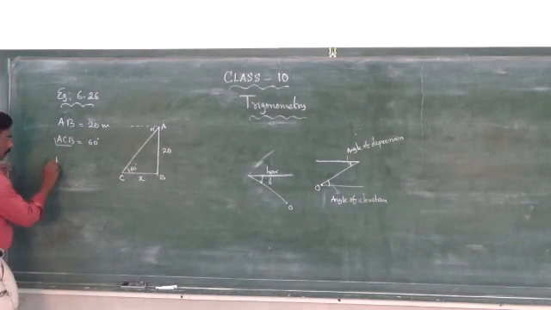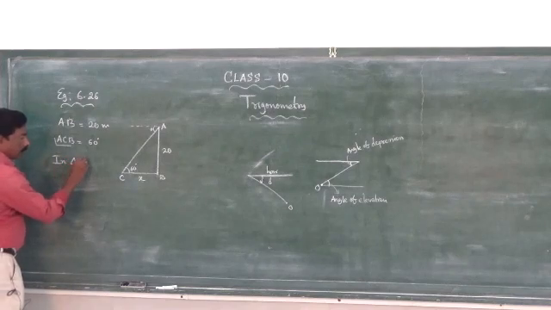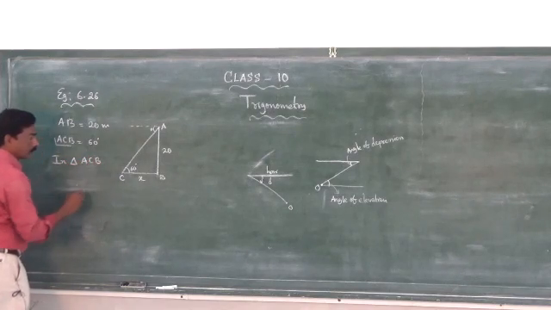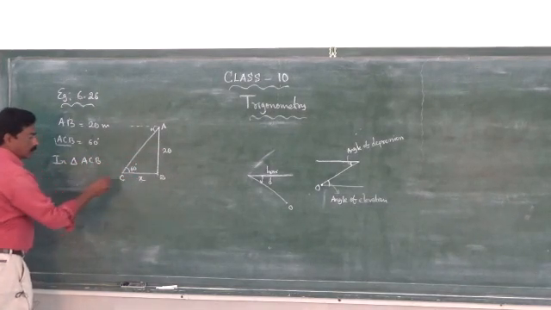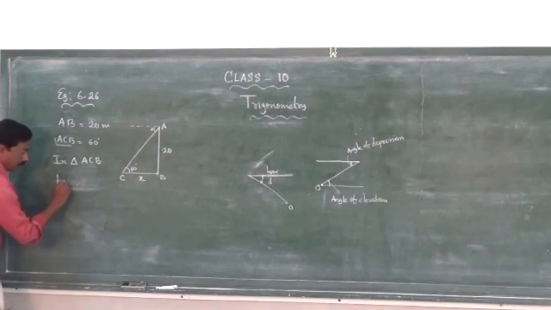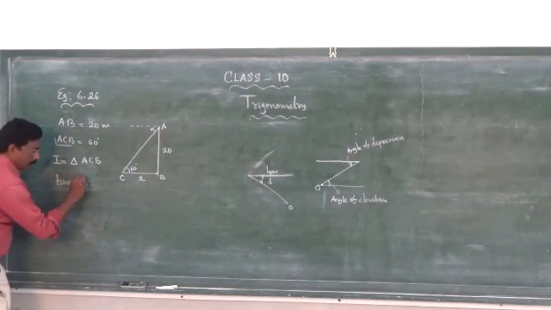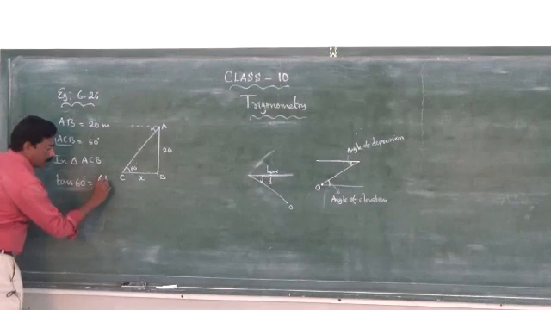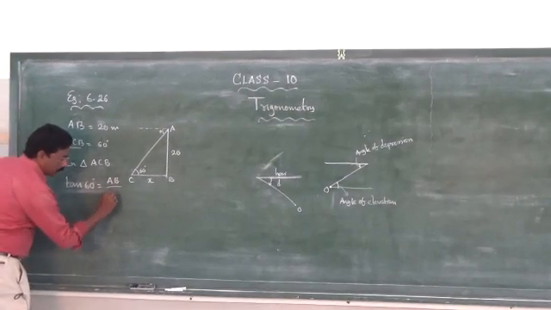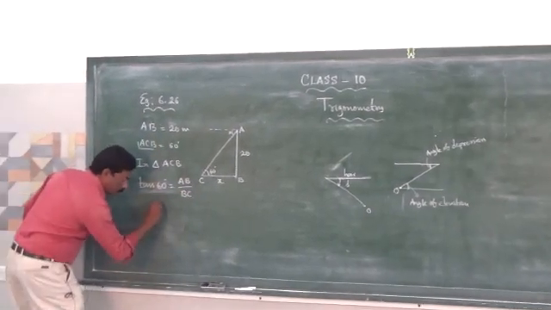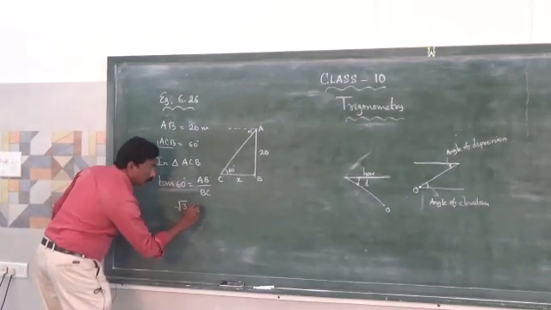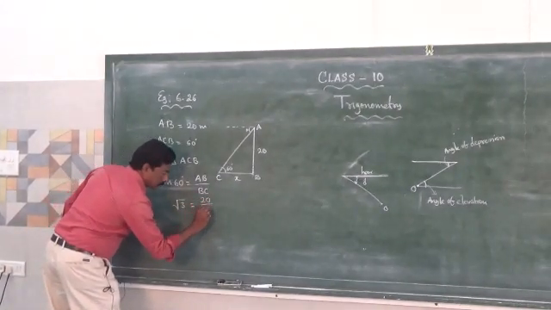So in triangle ACB, opposite and adjacent, so we have tan ratio. So tan 60 is equal to opposite over adjacent. Opposite is AB and adjacent is BC. Tan 60 is root 3. So root 3 is equal to 20 by x.